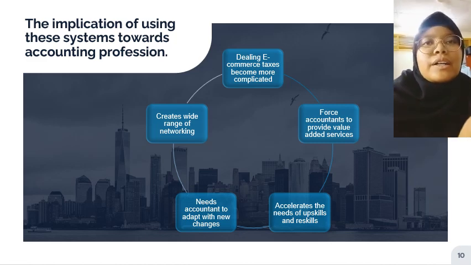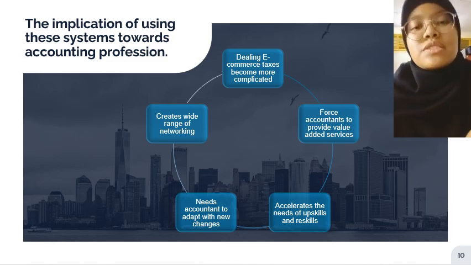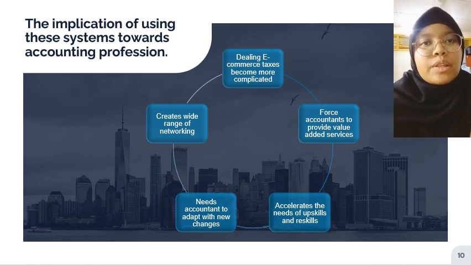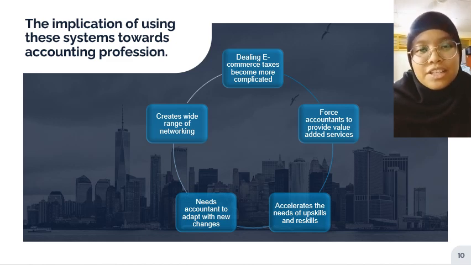So the next one is the need for accountants to adapt to new challenges, to the new change. We know that accountants have to become more adept with certain changes in their careers.